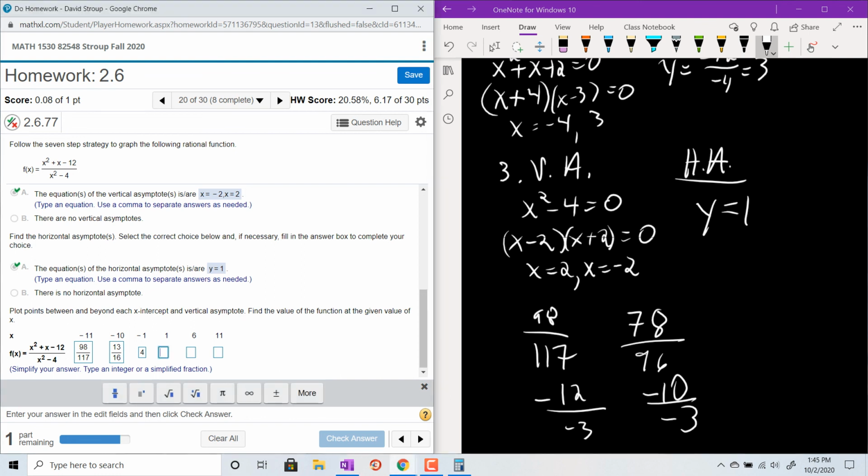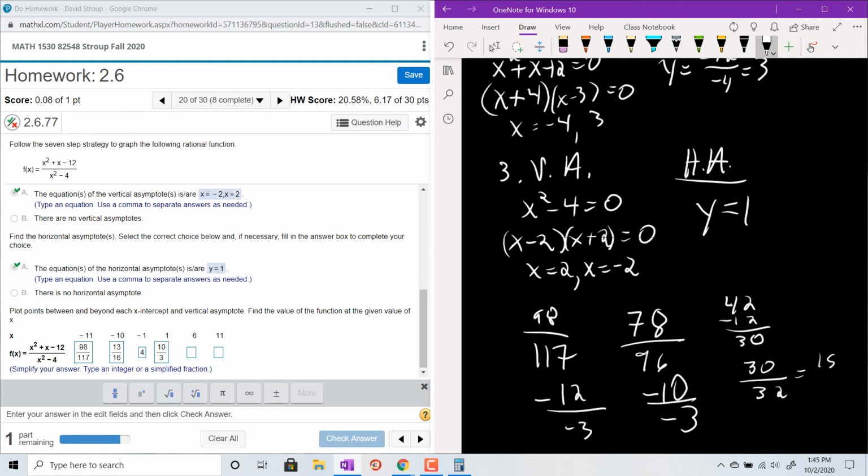So this will be 10/3. What we got here, this will be 36 plus 6 is 42, minus 12, 30. So that would be 30 all over 36 minus 4 is 32, which would be 15/16. 15/16, and then 11. There's no way I got these right?